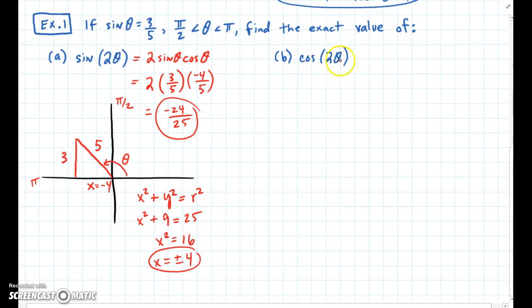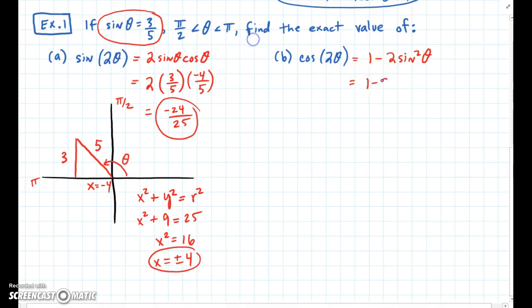Okay, cosine 2 theta. We have 3 different options for the formula we can use. Since we are given sine theta equals 3/5, it might be easiest to use 1 minus 2 sine squared theta. You don't have to, but this is how I saw it.